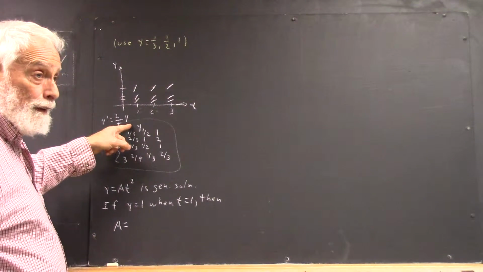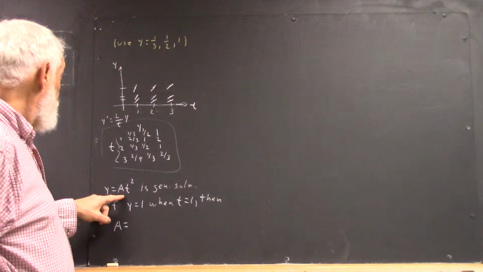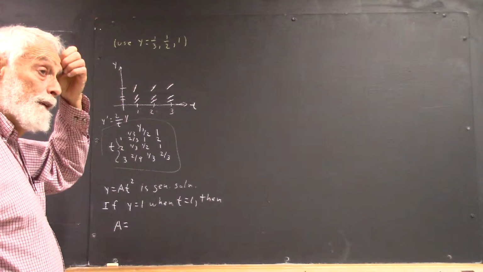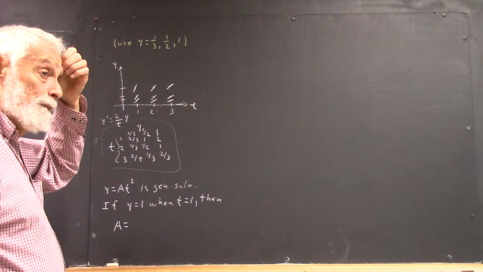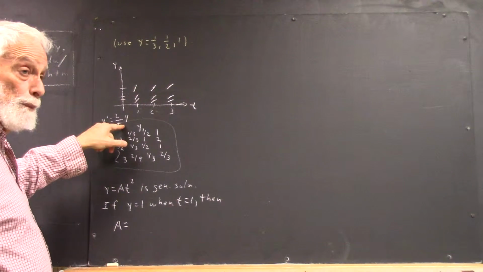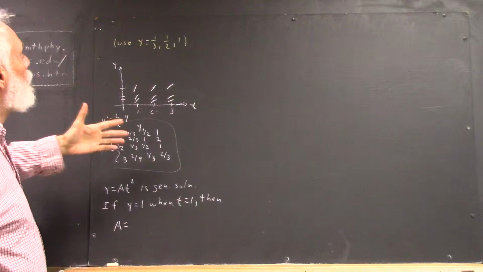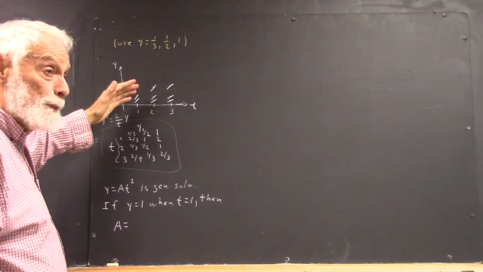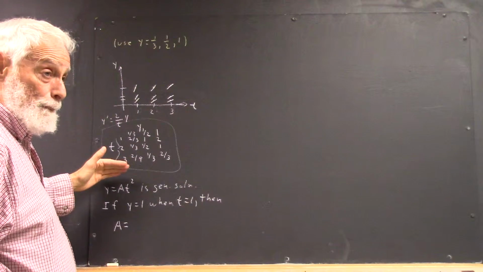So this just shows you that at squared solves the equation. So you can't plug that in for y. When you're putting values of y and t together to get slopes, this is what you get.